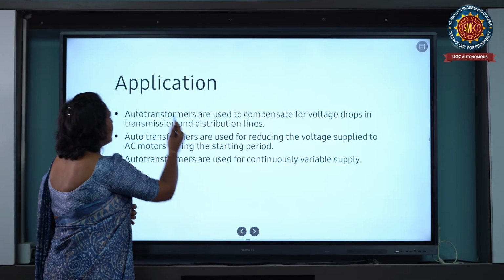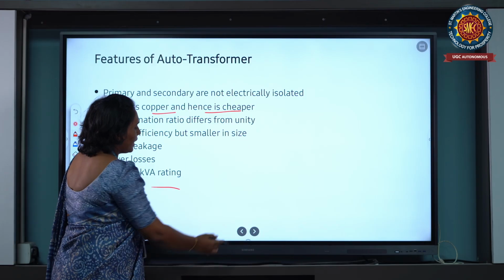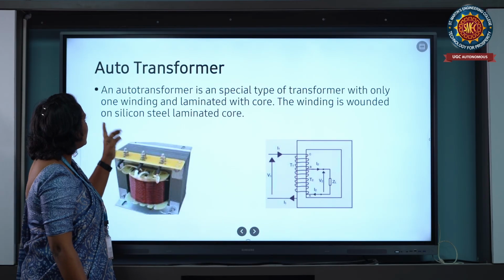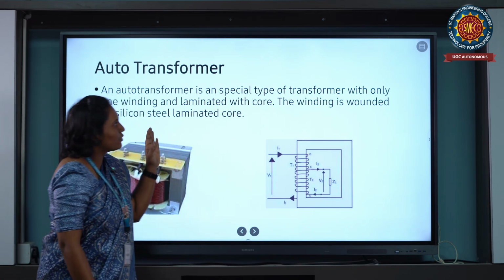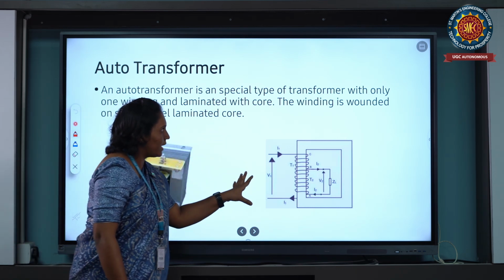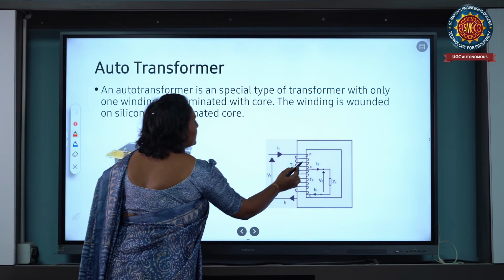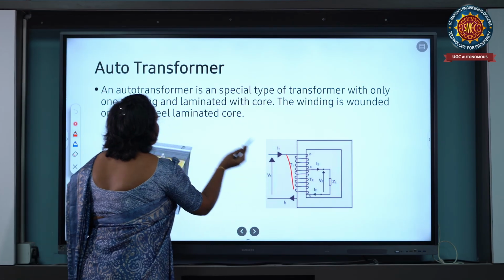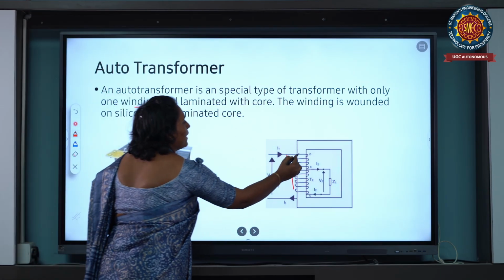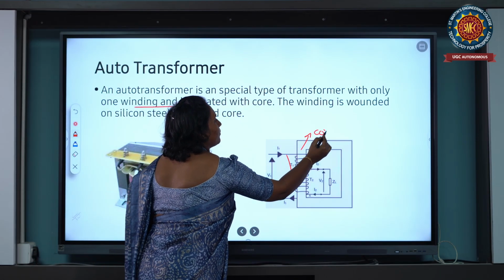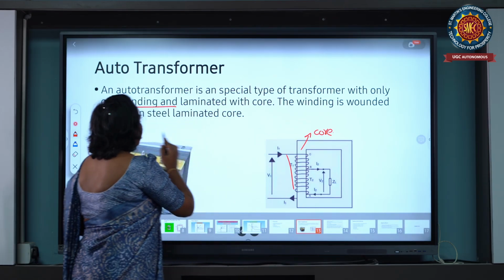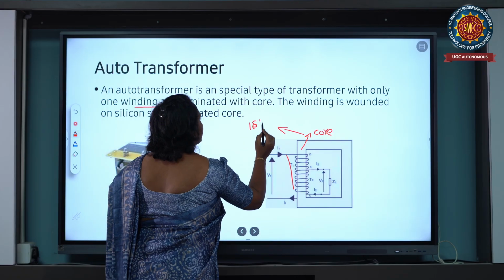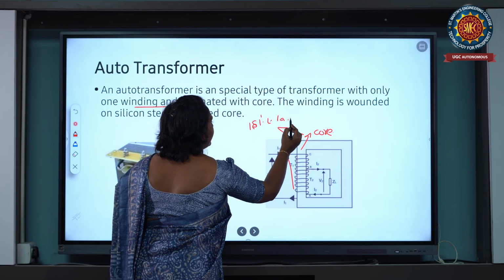Next, I will explain the auto transformer working principle. The auto transformer is a special type of transformer with only a single winding, wound on a silicon steel laminated core.